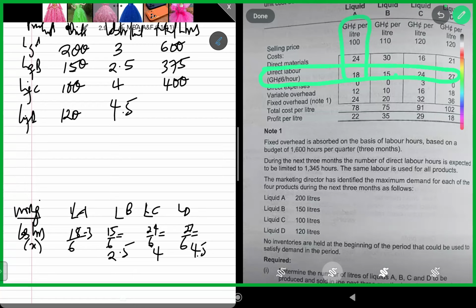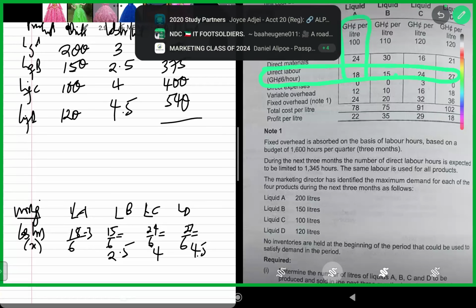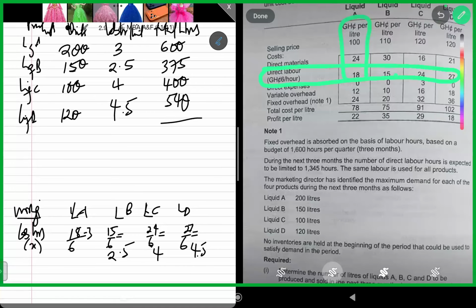Liquid D, 540. The total will give us what is called required. That is what is needed to produce this maximum number of units in the next 3 months. What do we have? 1915. This is what the business needs.